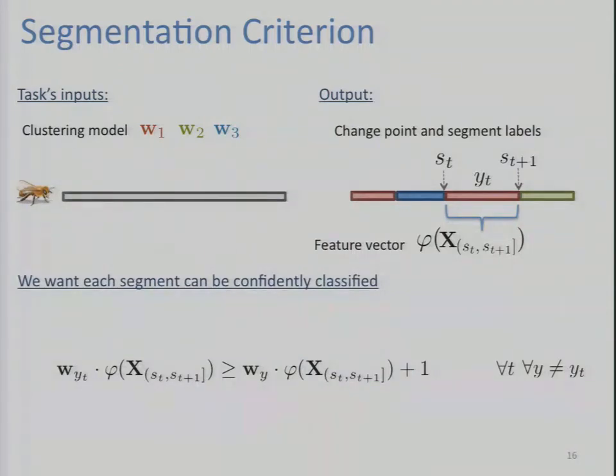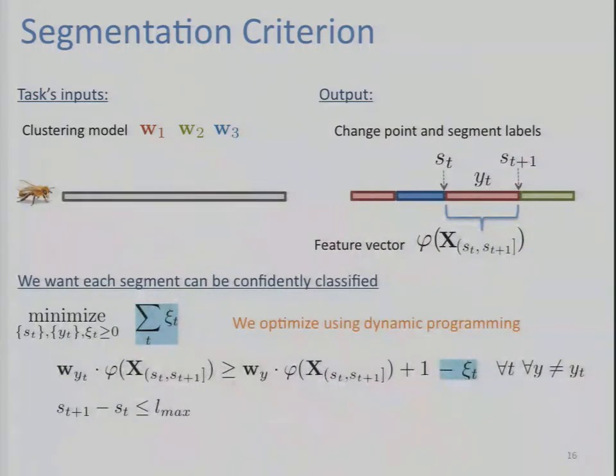And again, we can allow the constraint to be violated and then penalize by minimizing the total violation. We can also enforce that a segment has some maximum length. This formulation can be optimized very efficiently using dynamic programming. Details are in the paper.